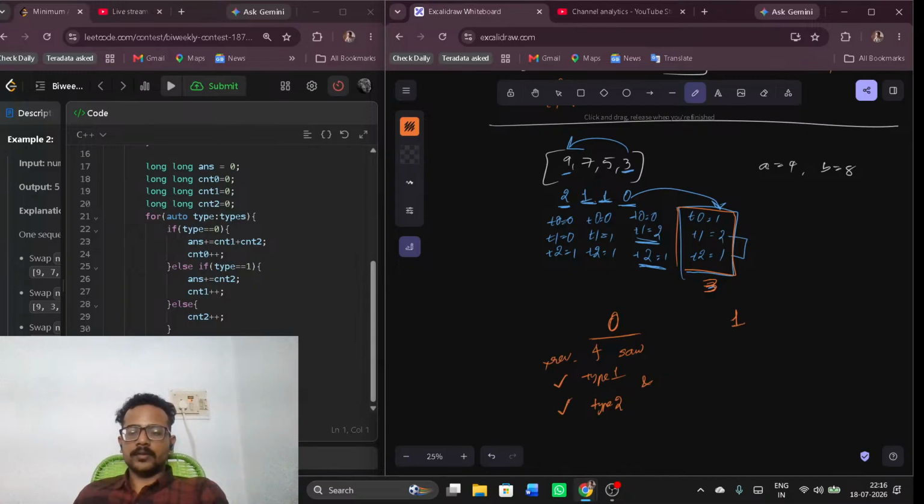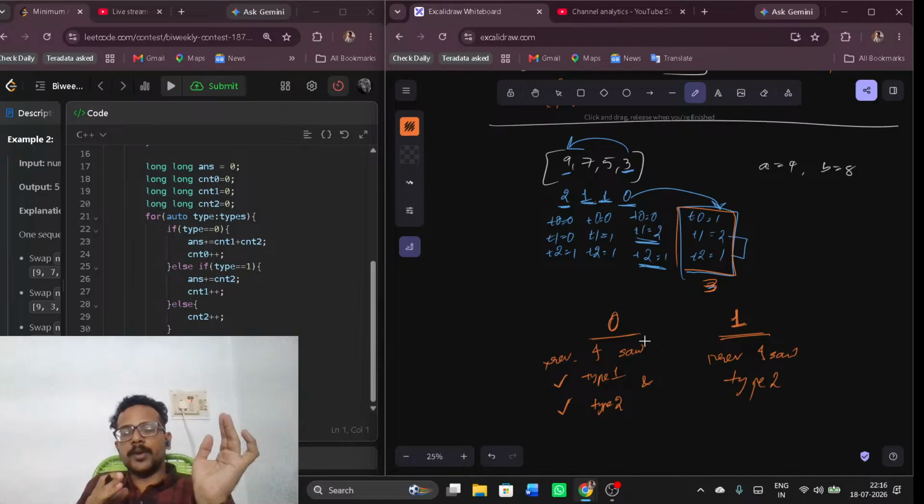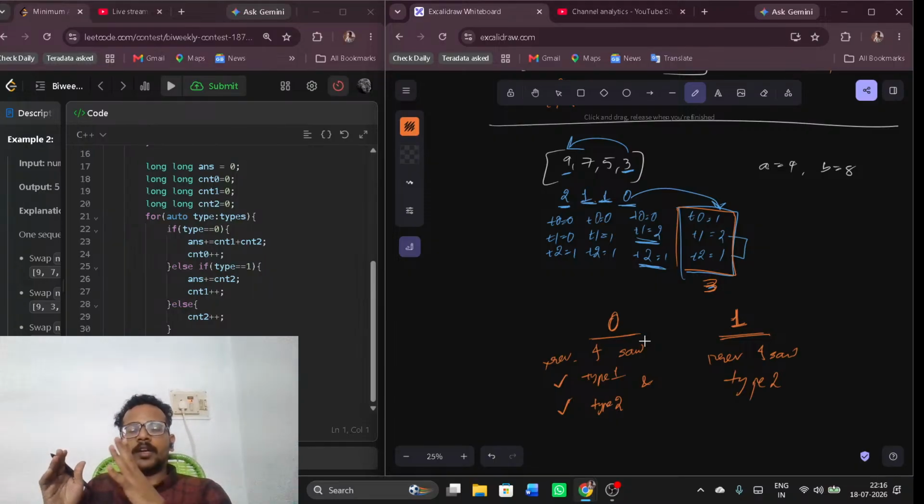When I have 1, which should be before 2, previously I saw type 2, that needs to be swapped. So if I am having type 0, type 1 and type 2 should be added, those which are previous, right? So that needs to be added. And when I am having type 1, the ones which are previously type 2. I am having type 1 here.